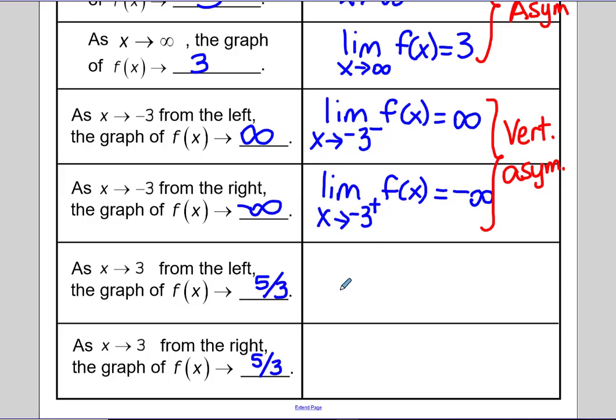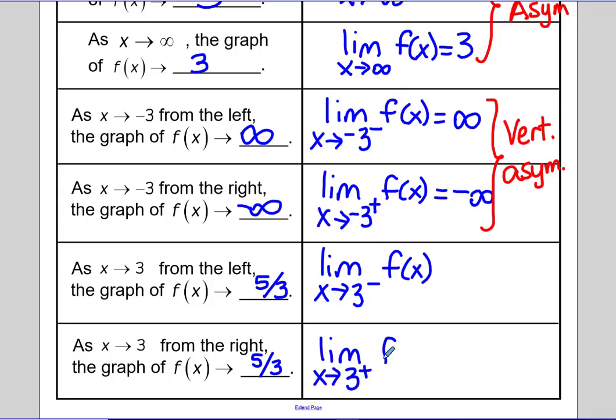So this is the idea that I have a hole in the graph, because the limit as we approach 3 from the left and the limit as we approach 3 from the right are both heading to the same y value, 5/3. Even though the function value is not defined at 3, it's getting arbitrarily close to 5/3.